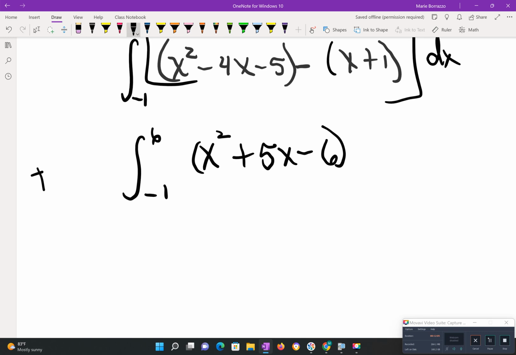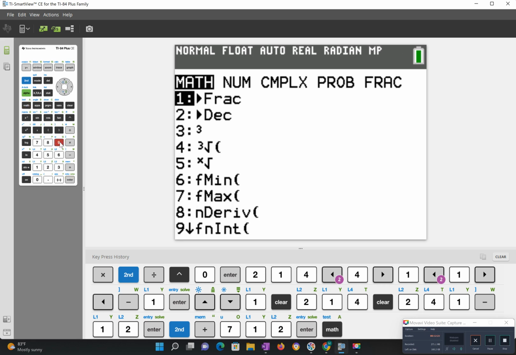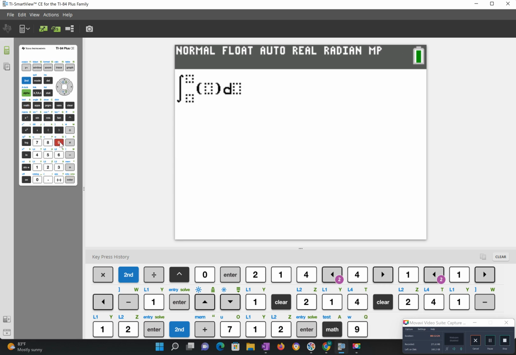Either use the TI-83/84, or we could do this by parts if you wish. Doing this on the calculator one more time, I'll show you real quick what it will look like. So I'm going to go to math, I'm going to go to number 9. This is from negative 1, so you have to be careful. If you put subtraction, it'll mark you wrong right off the bat.